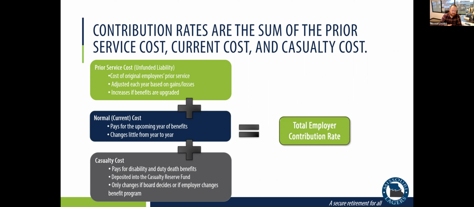Typically the last time the board made an adjustment to that was during an experience study, where we found that by department, police department, fire department, those departments that are in higher risk fields are more prone to have those sorts of duty-related disability or death payments due.